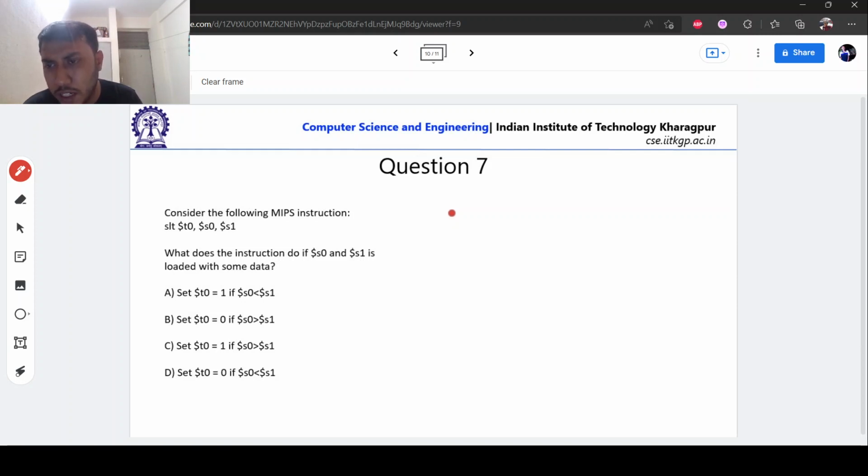The options are: A, set T0 equal to 1 if S0 is less than S1; B, T0 equals 0 if S0 is greater than S1; set T0 equal to 1 if S0 is greater than S1; C, T0 equals 1 if S0 is less than S1.